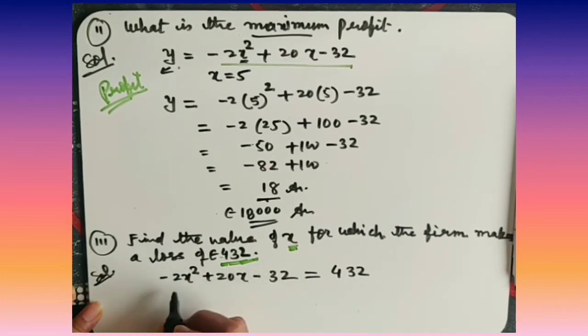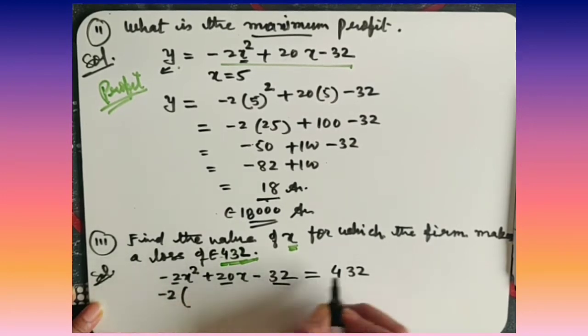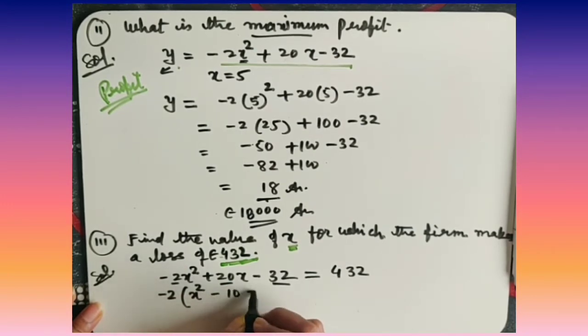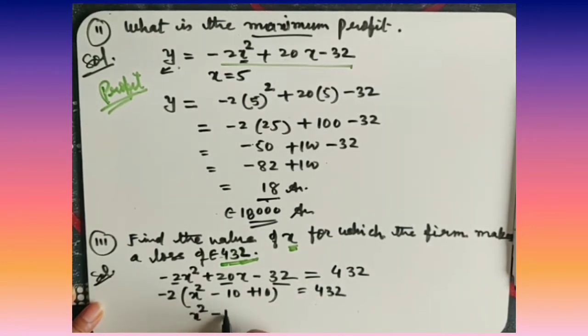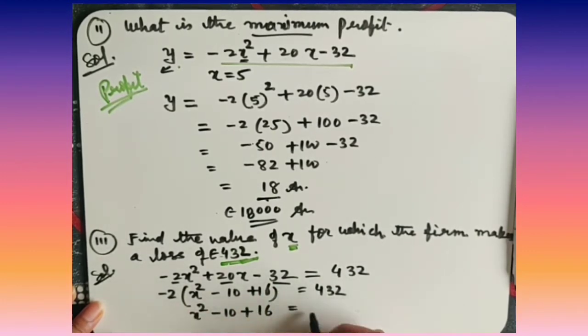So how do we find the value of x here? To simplify the equation, we can take minus 2 common, so it will be x squared minus 10x plus 16 equals 432. The minus 2 goes underneath: 432 divided by 2 is 216.